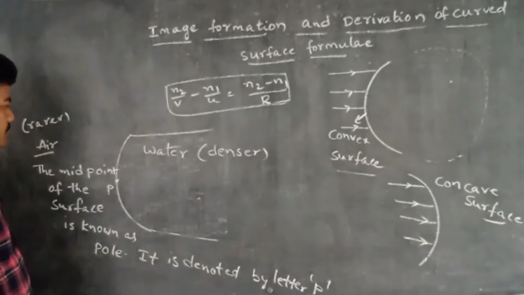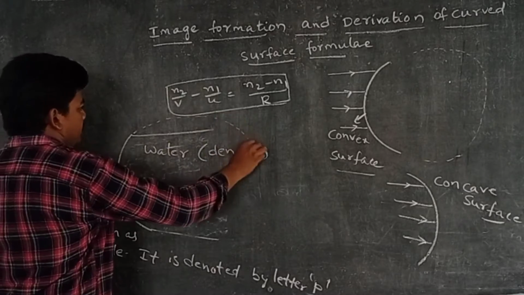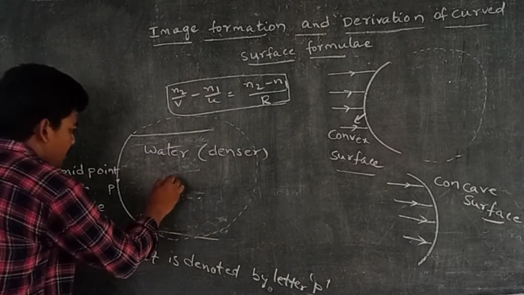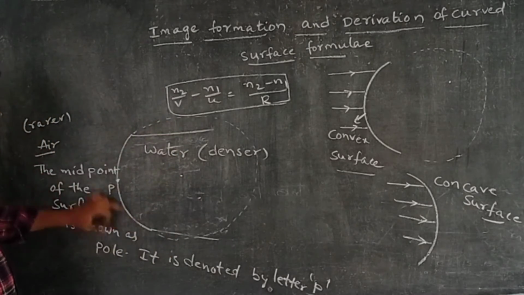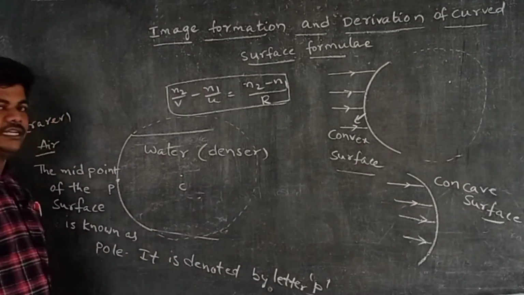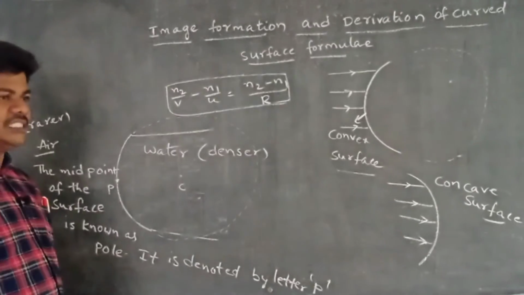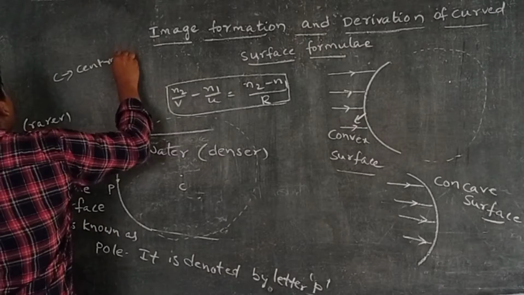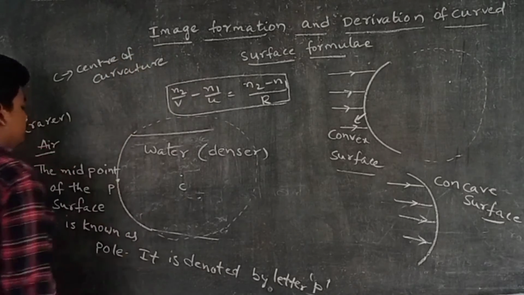When you see here, this one seems to be a sphere which has a center here. If we consider this as the whole sphere, this is having the center here. This one is said to be C, the center of curvature.